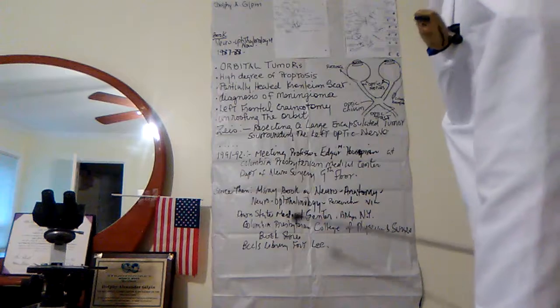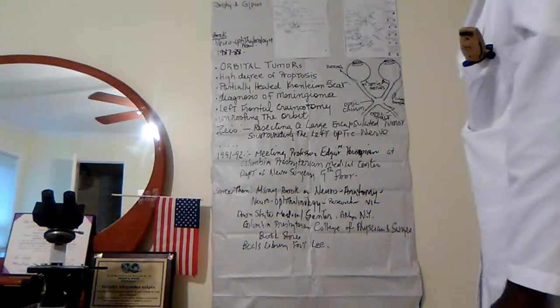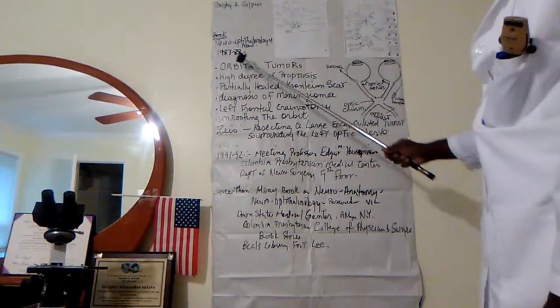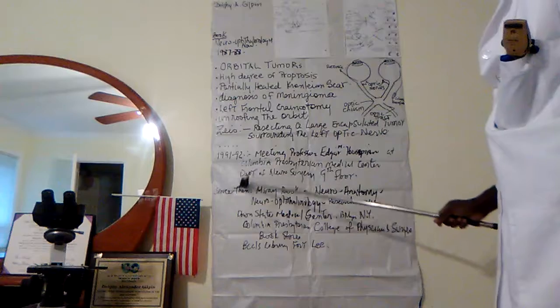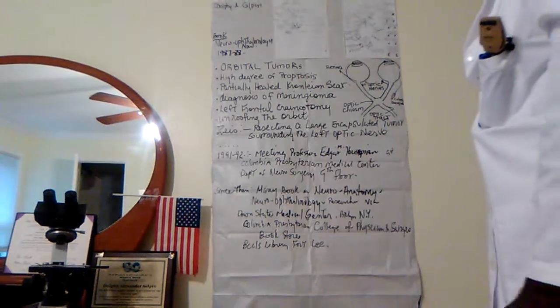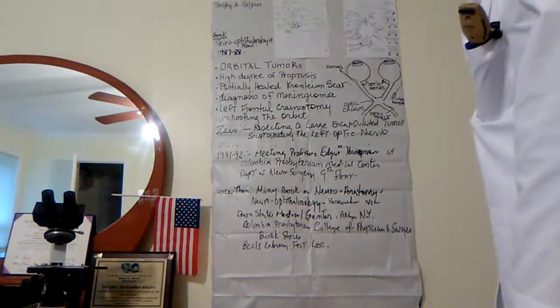So this is just a brief review of orbital tumor as was researched from 1987 to 1996 with intermittent deviation to other medical fields during the course of study.